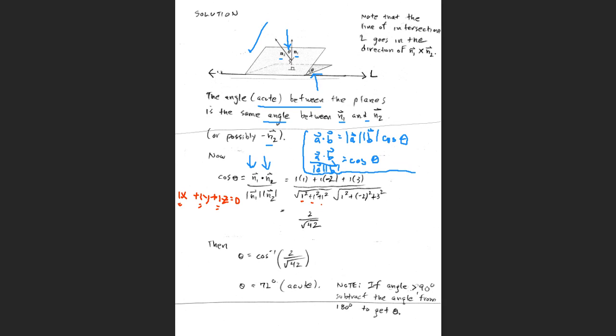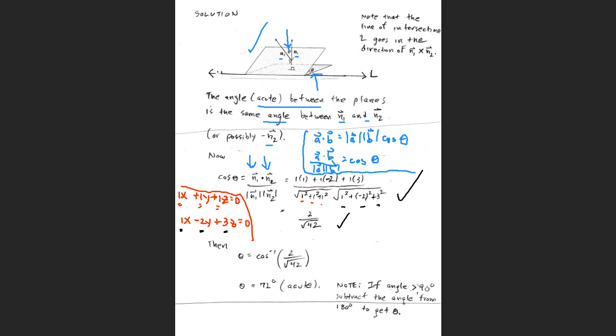The second plane was 1x minus 2y plus 3z equals 0. Kind of separate this out. So the normal vector to that plane has coefficients 1, -2, and 3. Hence 1, -2, 3.